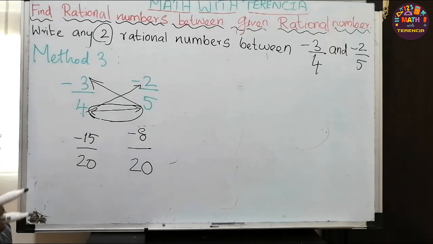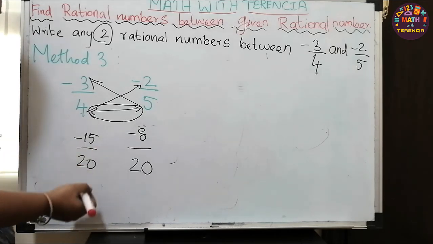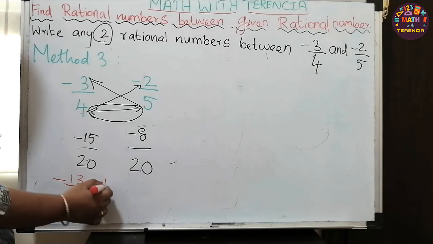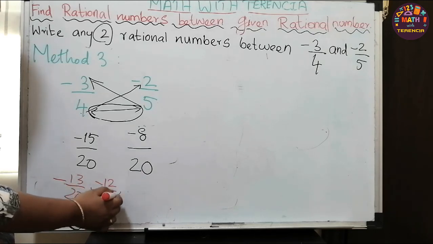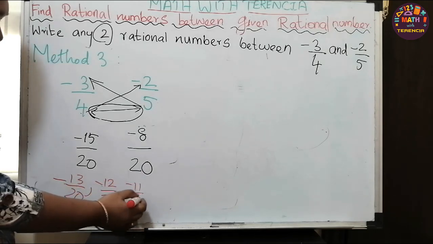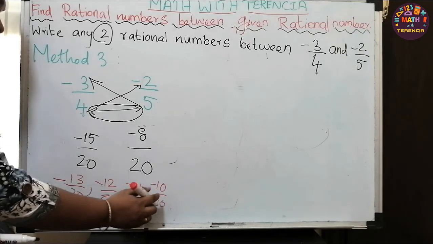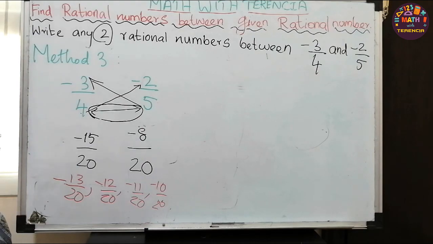This is similar to the first method. So minus 13 by 20, minus 12 by 20, minus 11 by 20, minus 10 by 20. So in this you can pick any two rational numbers.